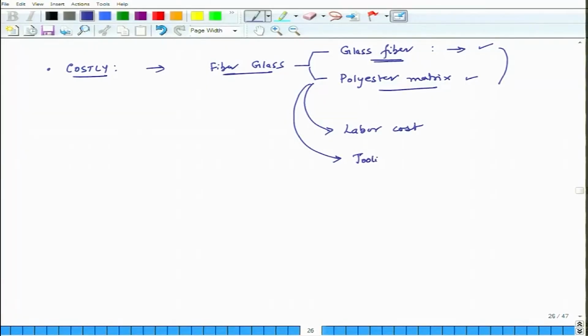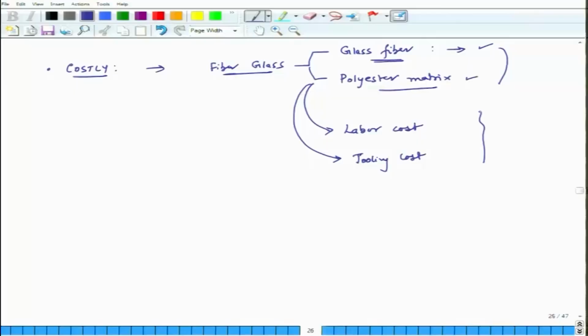It is not only labor cost, there are also tooling costs. Suppose you have to make a cylinder of fiberglass, somehow you have to make some tool which will help wind the fiber in a circumferential pattern.